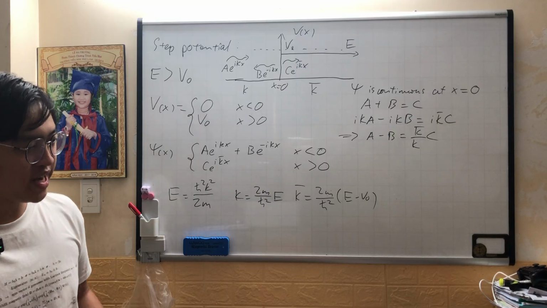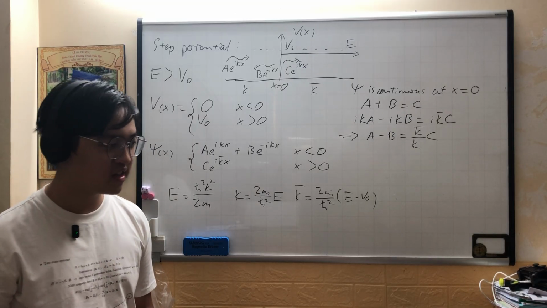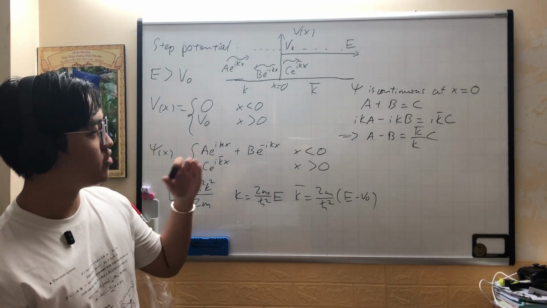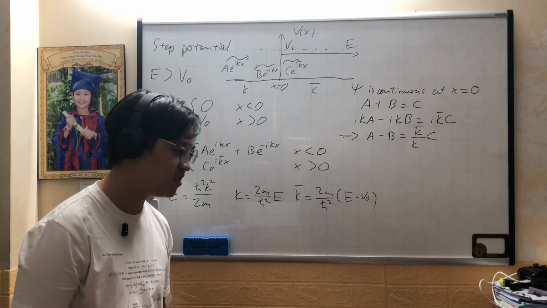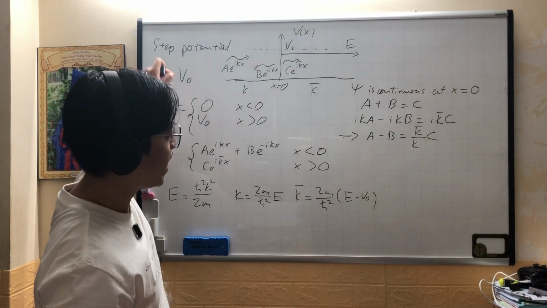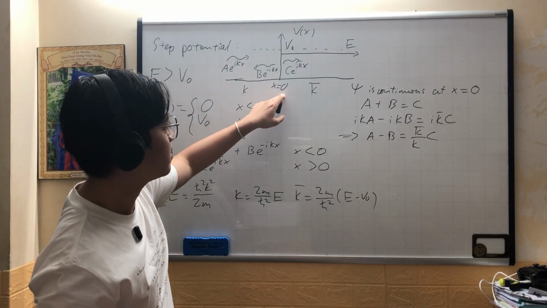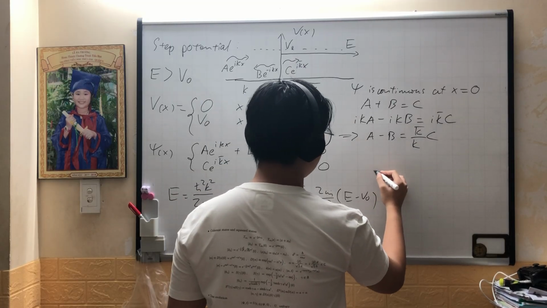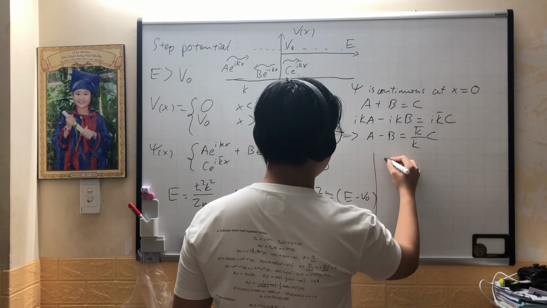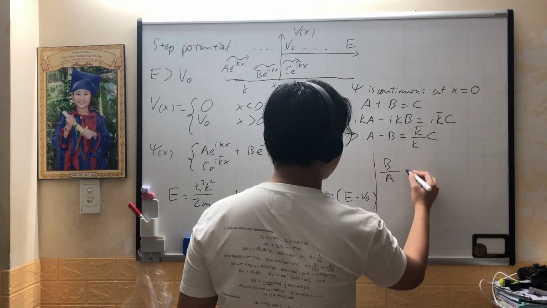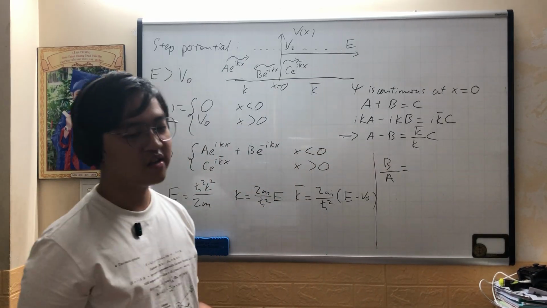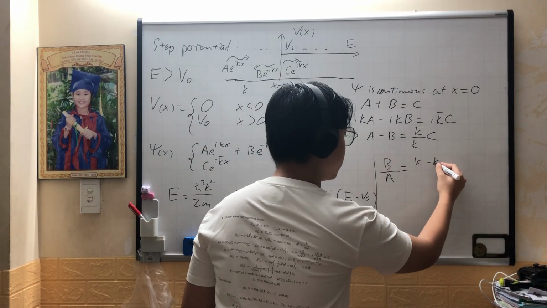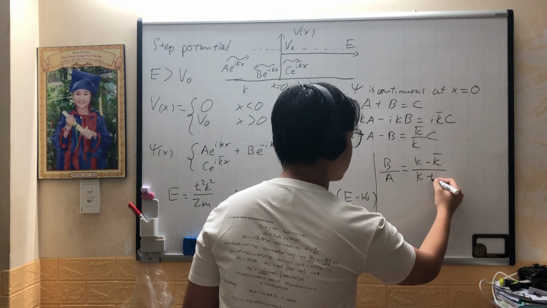All right, so now you have this, you can now get the transmission and the reflection coefficients, the rate that would get bounced back and the rate that would get through here. To do that, we take B over A, calculate that, and it would be k minus k tilde over k plus k tilde.